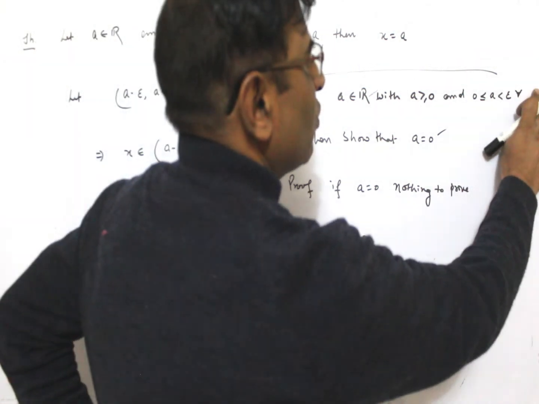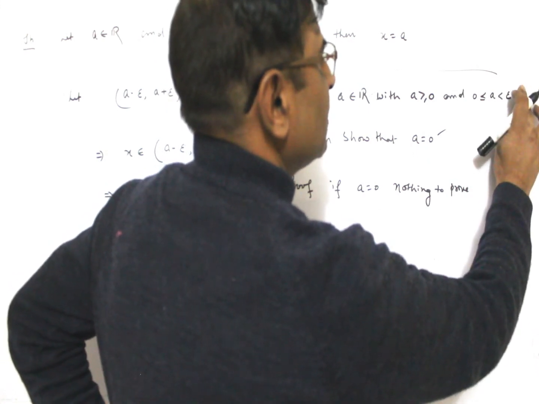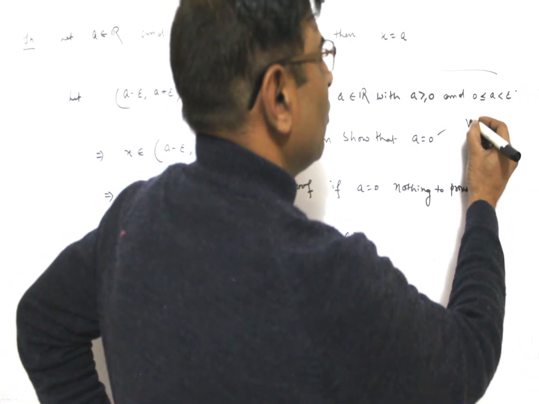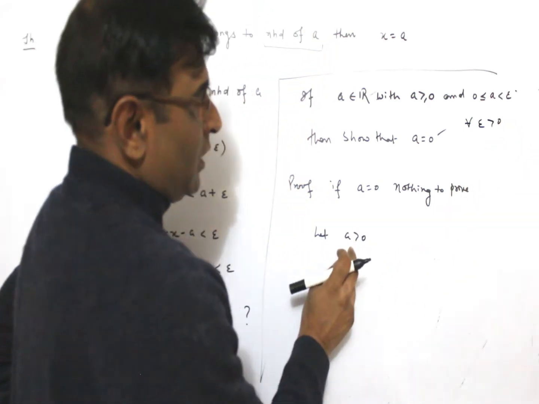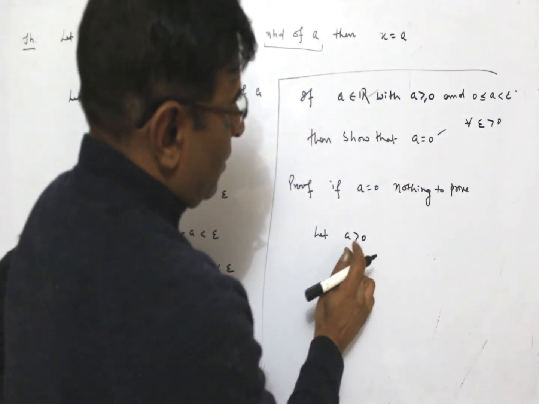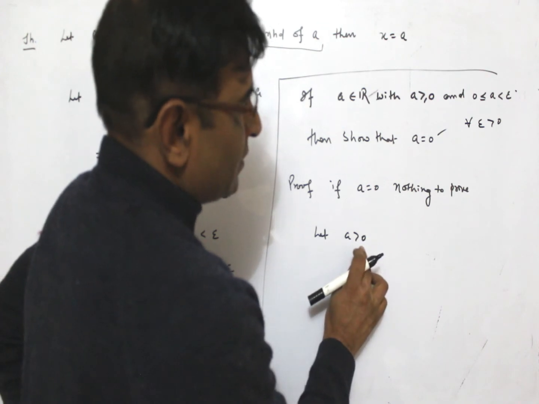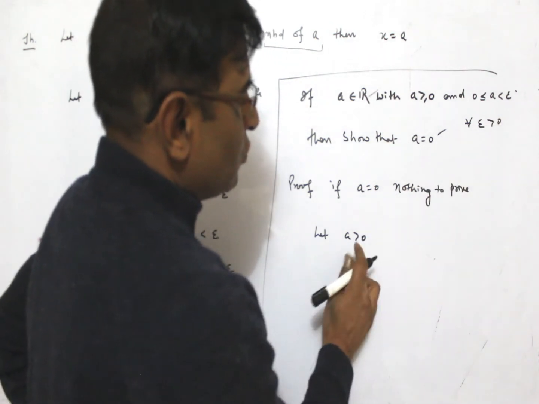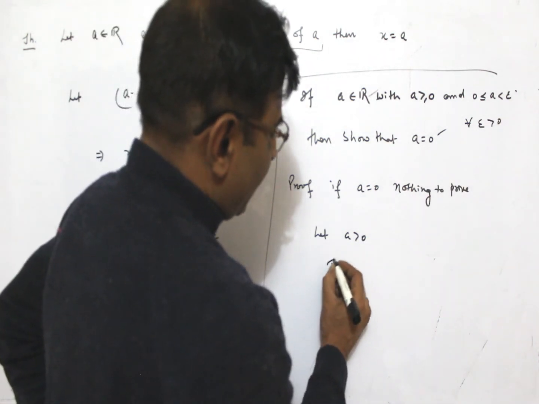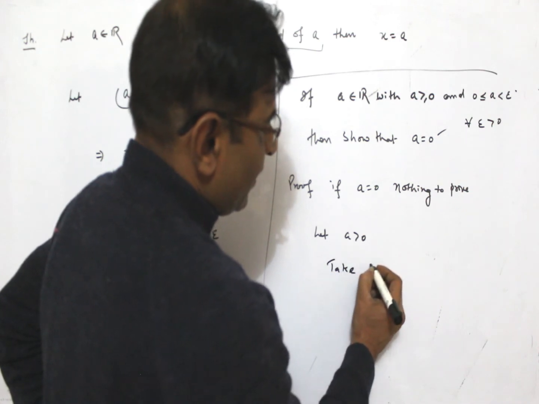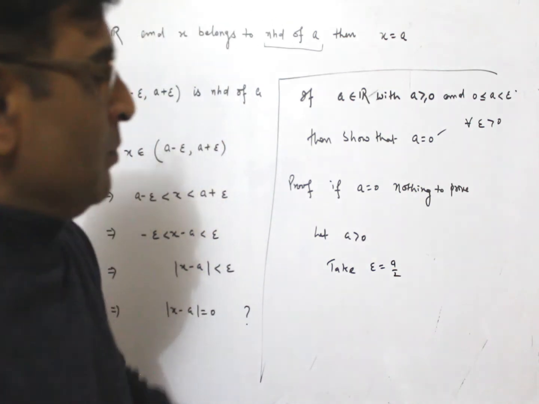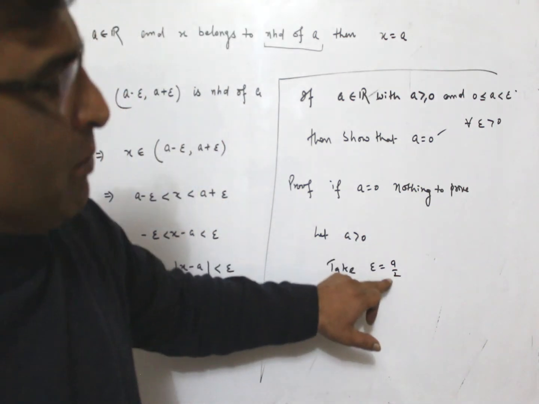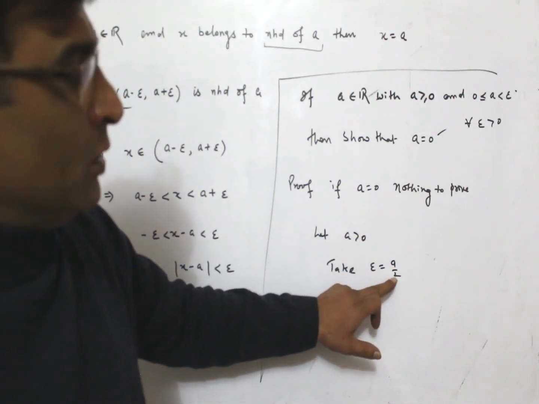This is for all epsilon positive. So here you see, since A is positive and epsilon positive, take epsilon equal to A by 2. Because A is positive, A by 2 is also positive.